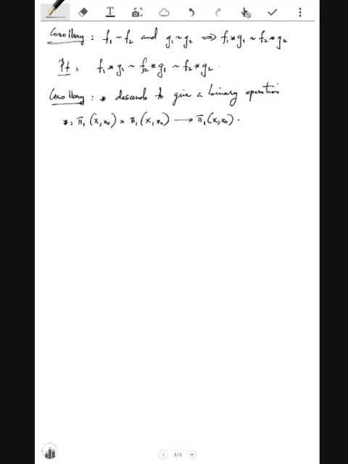So we want to show, we will show that this defines a group structure on pi 1.